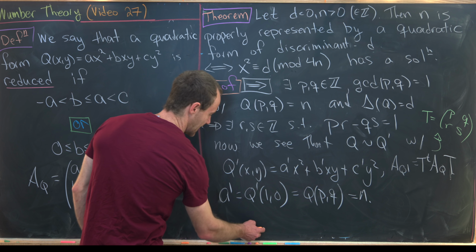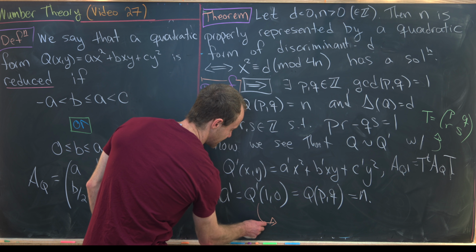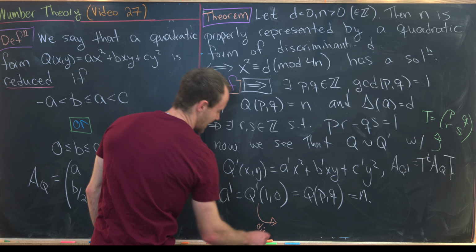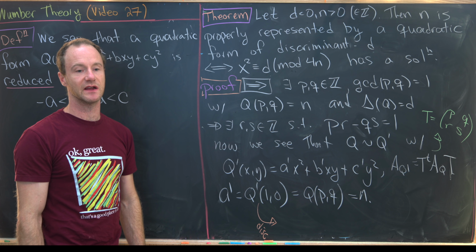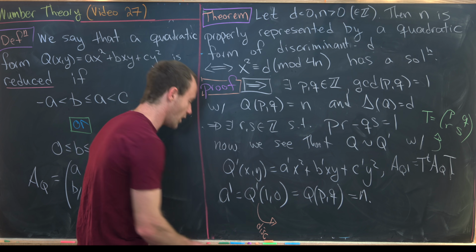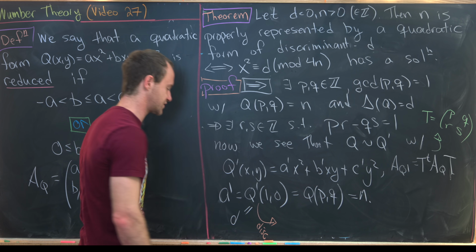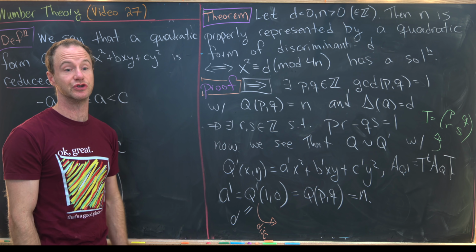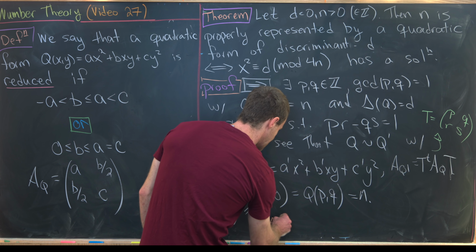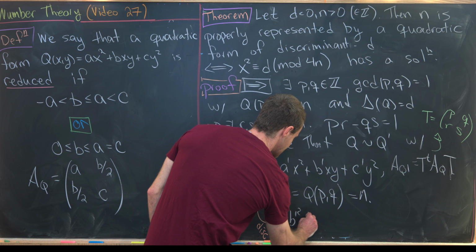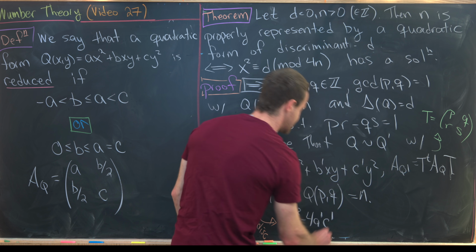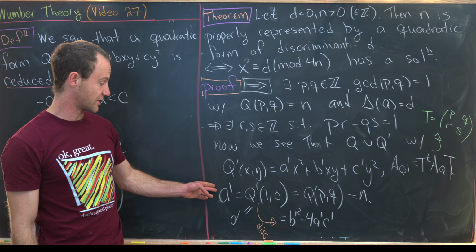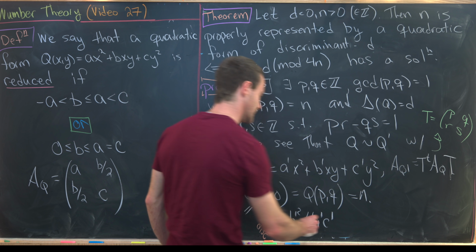But now let's go ahead and calculate the discriminant of this. So I'll just put disc to say that we're calculating the discriminant. On the one hand, it's the same thing as the discriminant of Q, which is equal to d. But on the other hand, it's equal to b prime squared minus 4a prime c prime. But from this formula right here, a prime is equal to n.